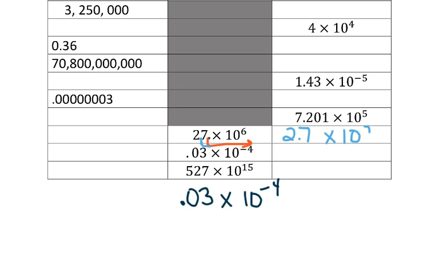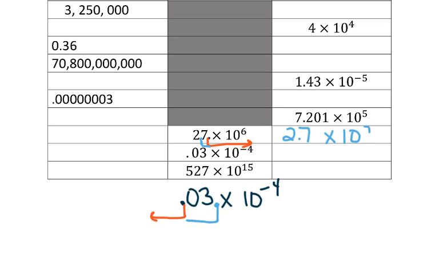So I'm going to draw my arrow saying I need to move this left 4 times. But, again, my objective is to put it in scientific notation. So for this to be in scientific notation, the decimal point has to be on the other side of the 3. So here, to get it to be the same spot, I have to move it 2 more times.